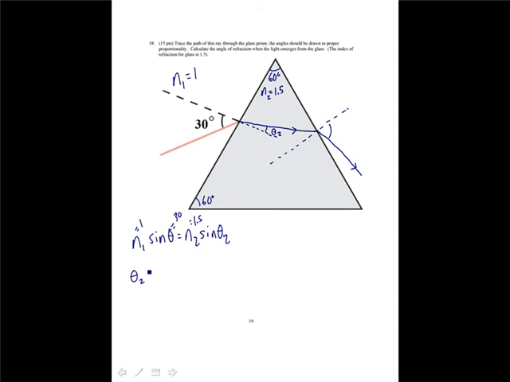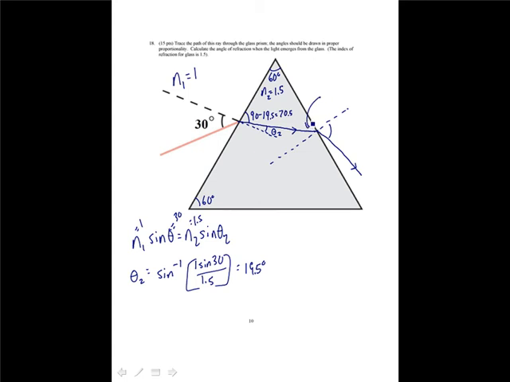So theta 2 is equal to the inverse sine of 1 times sine 30 divided by 1.5. And so that angle is 19.5 degrees. So that's theta 2. Now if that's 19.5 degrees, this angle is 90 minus 19.5, which is equal to 70.5.